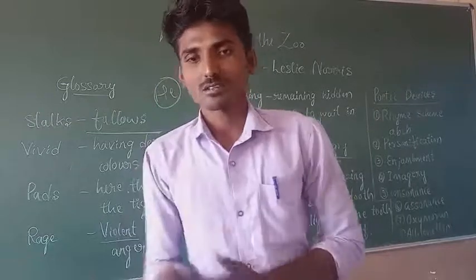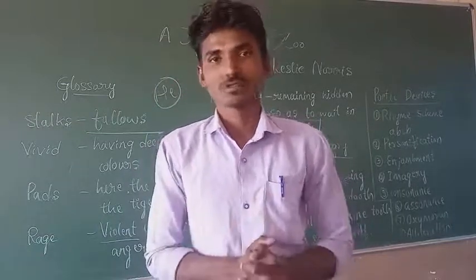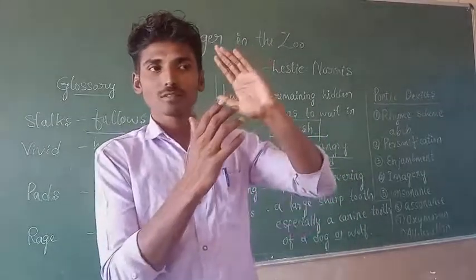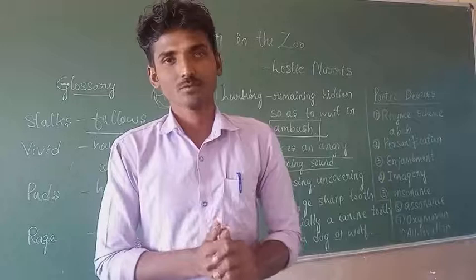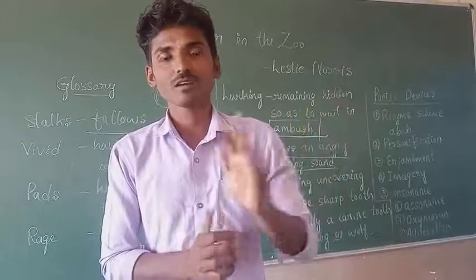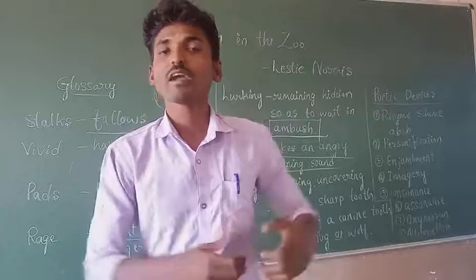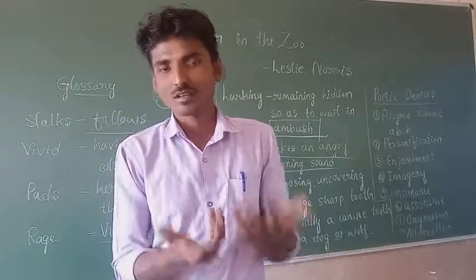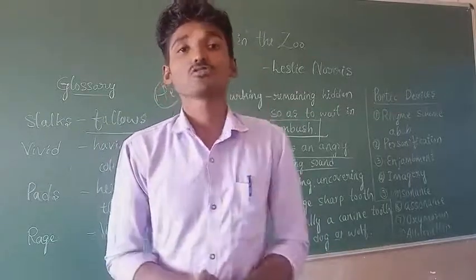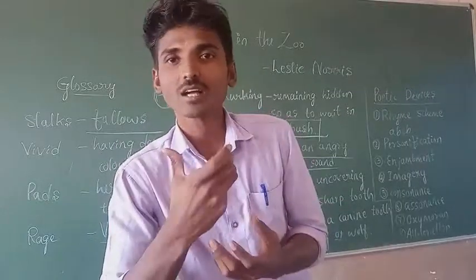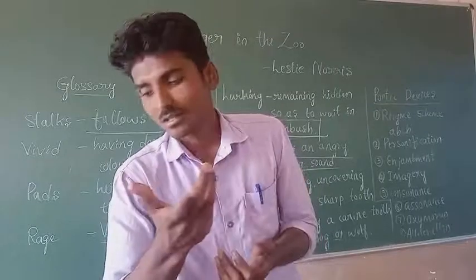Here the tiger's eyes were brilliant, actually. Wherever the animal, wherever the enemy of the tiger is, the tiger is fully aware of this. The eyes are very sharp eyes, sharpened looking eyes the tiger had.